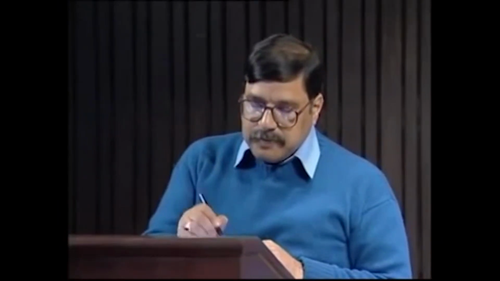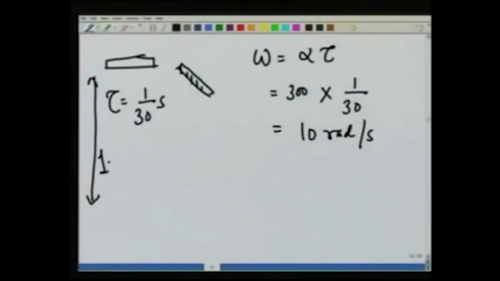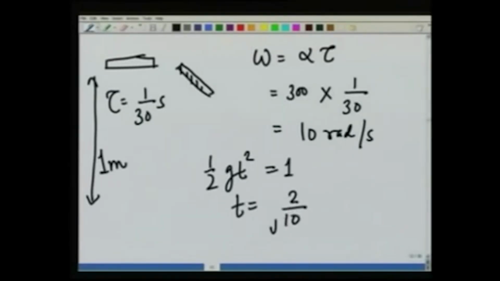If this dropped by 1 meter, then the time taken for it to drop would be given by 1/2 g t squared equals 1, t equals square root of 2 over 10, which is roughly 1 over 2.5 seconds.